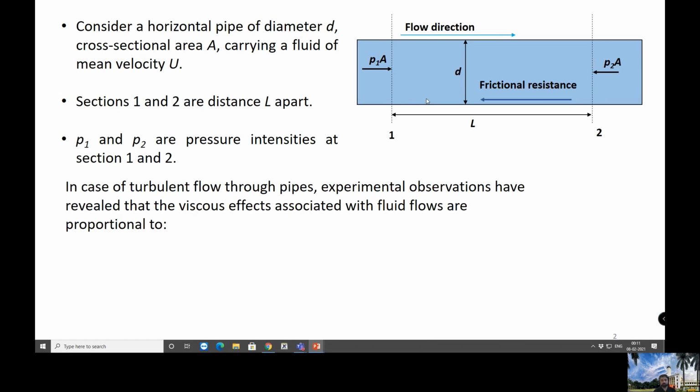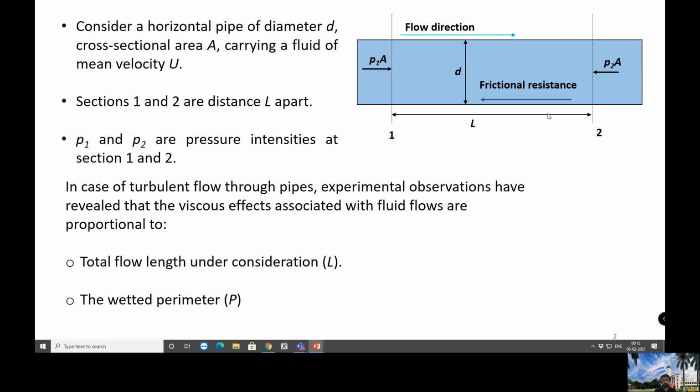In case of turbulent flow through pipes, experimental observations have revealed that the viscous effects associated with the fluid flow are related to the total flow length under consideration, that is the length L, the wetted perimeter P, and also to the velocity to the power n. n is an index varying from 1.5 to 2.